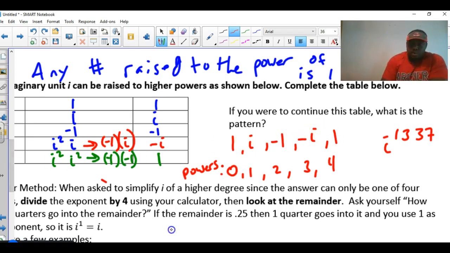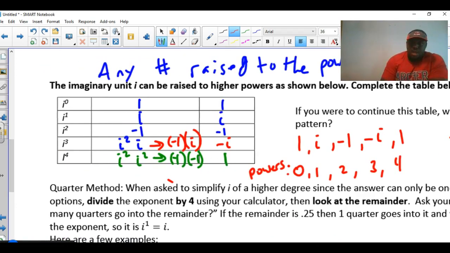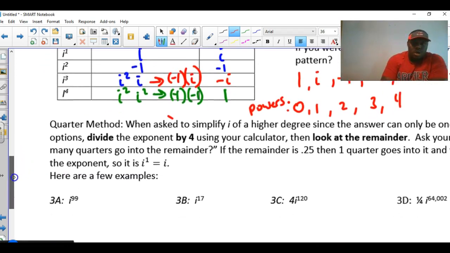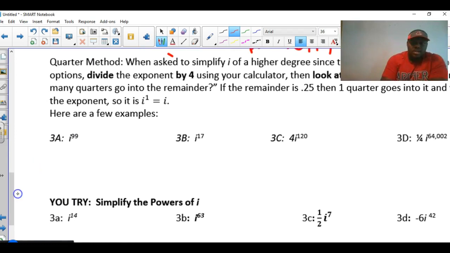Now, let me show you what I'm doing with this. What I'm using this for is solving large powers of i. So take this first one, say i to the 99th power. We know that the number 99 is divisible by 3.